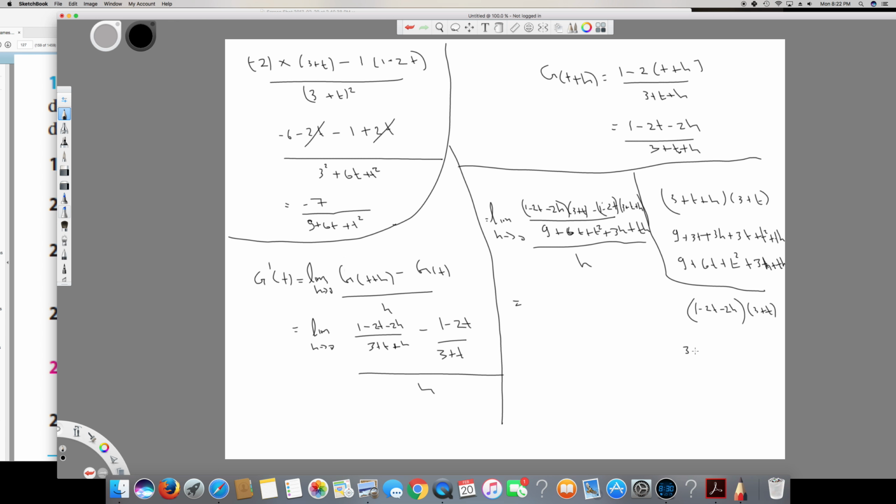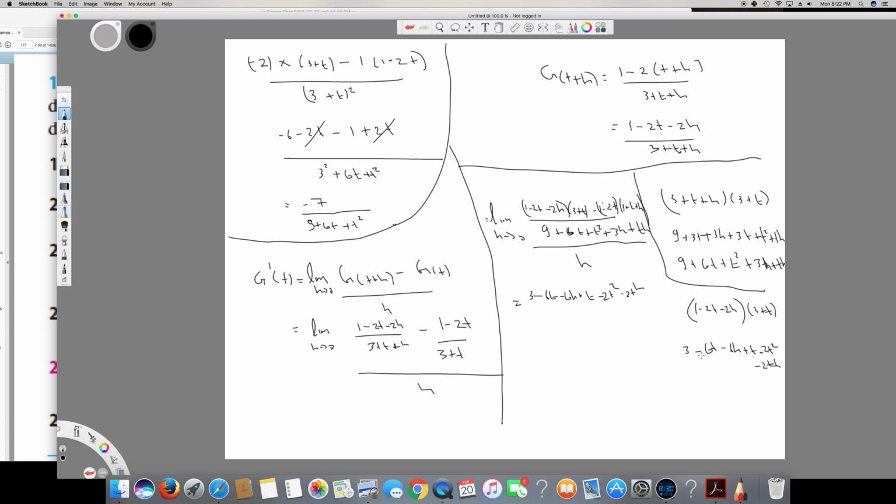It's going to be 3 minus 6t minus 6h plus t minus 2t square minus 2th, and this is going to be this top one.